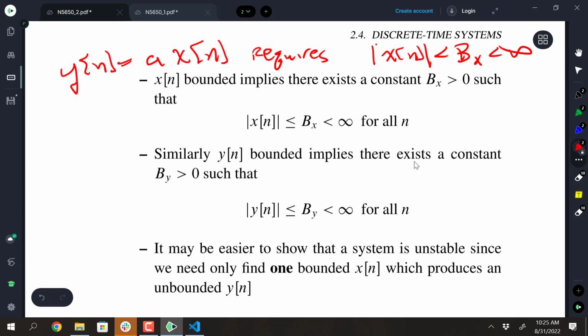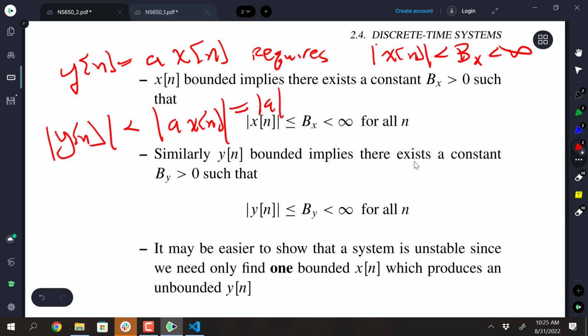I can say the absolute value of y[n]... So what's required to make sure that the output is less than infinity?